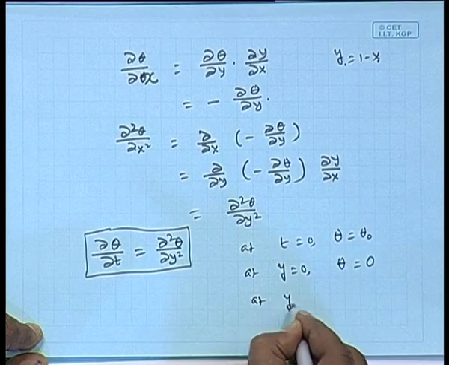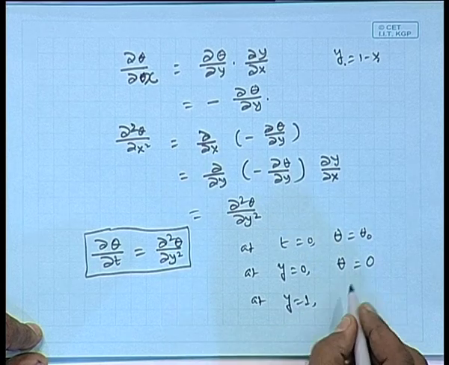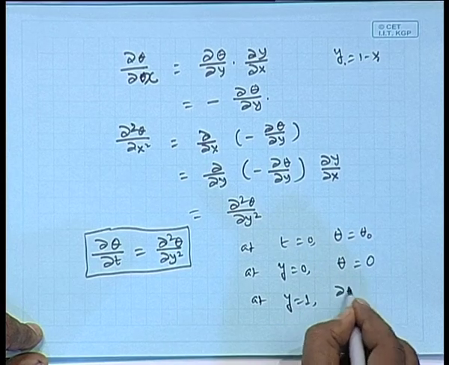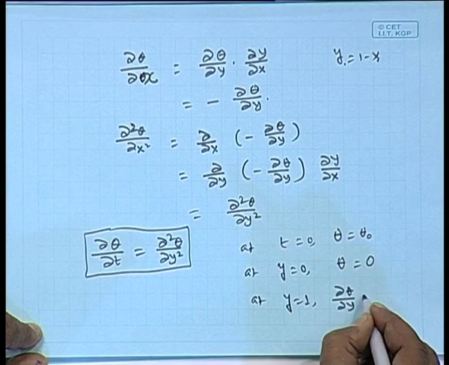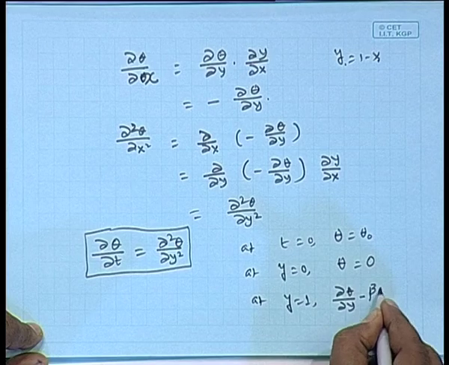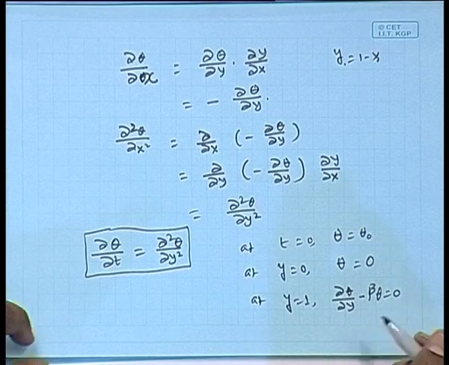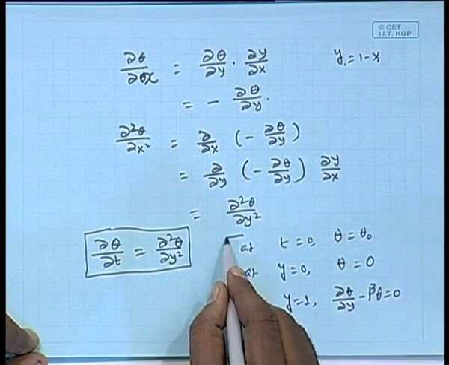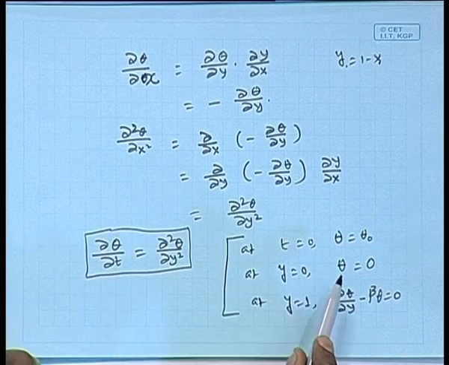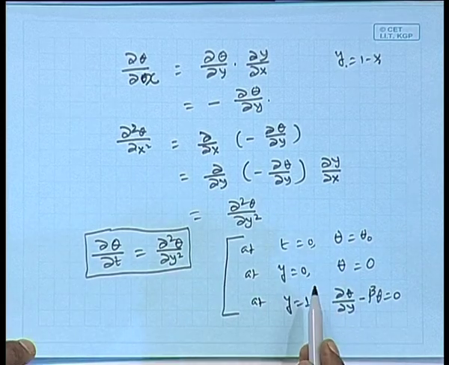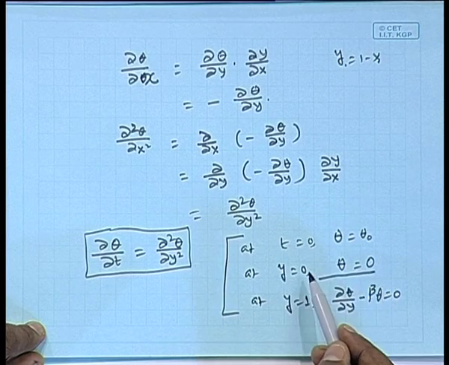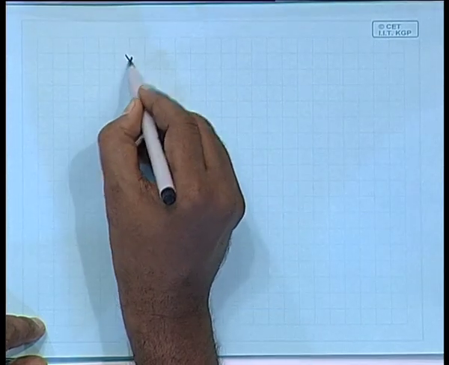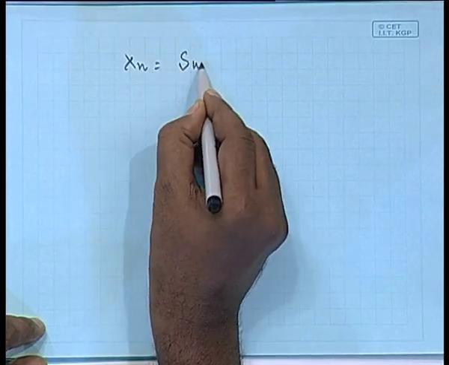At y equal to 1, we have the other one: minus del theta del y minus beta theta. Now, this is a standard eigenvalue problem again, and putting this Dirichlet boundary condition at y equal to 0, you will get the eigenfunctions as sine functions.